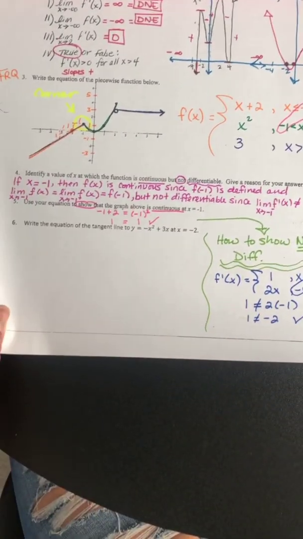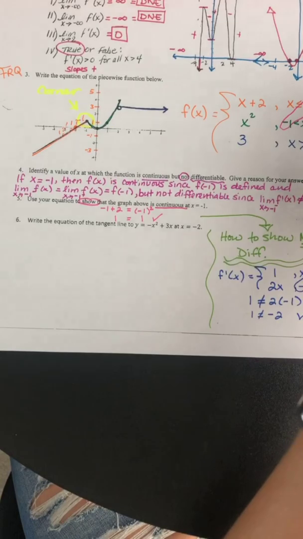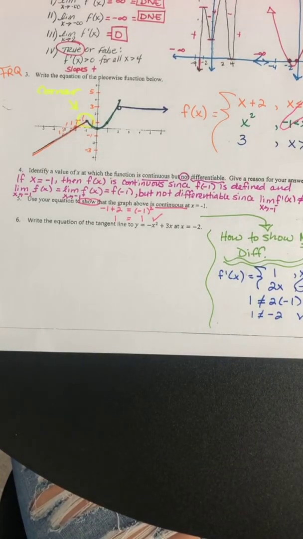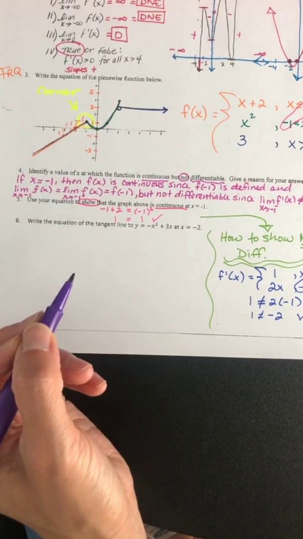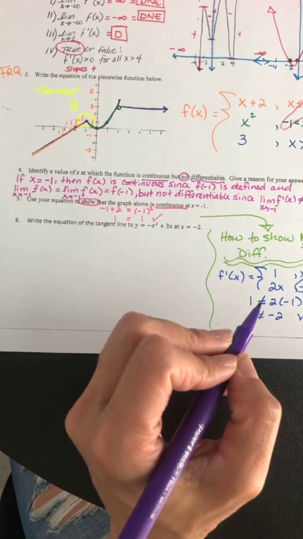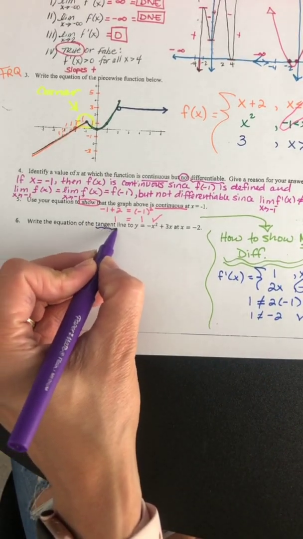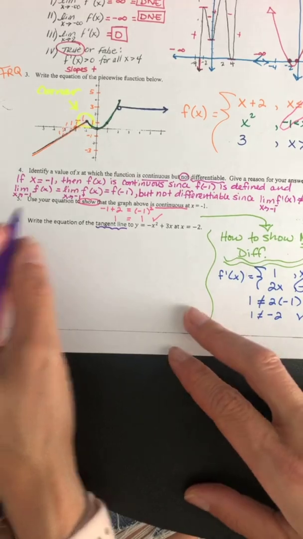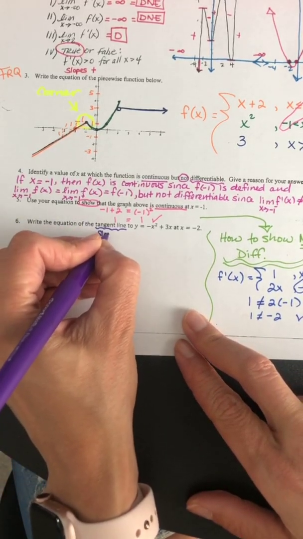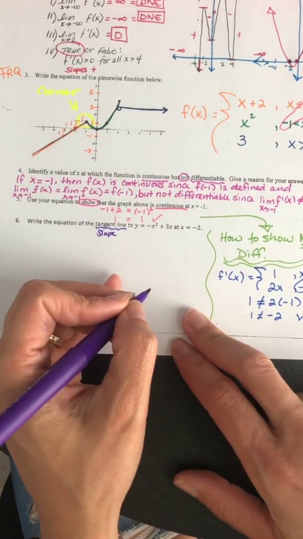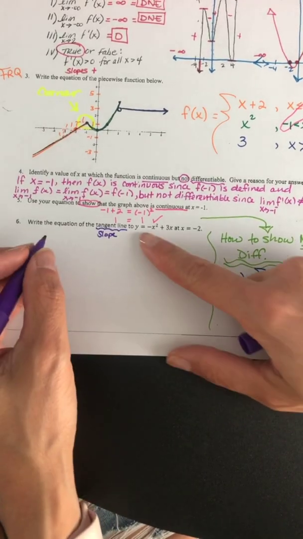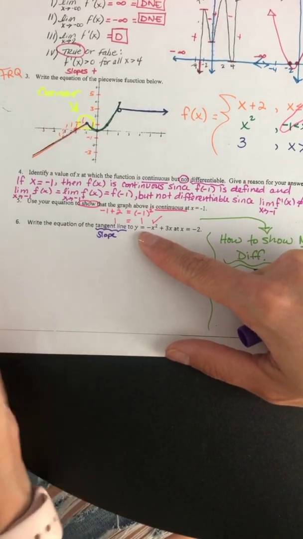Okay, number 6. It says, write the equation of the tangent line to y equals negative x squared plus 3x at x equals negative 2. Since we're asked to find the equation of the tangent line, we need to find the slope of the tangent line, which means we need to find a derivative. So we're going to take the derivative of y.